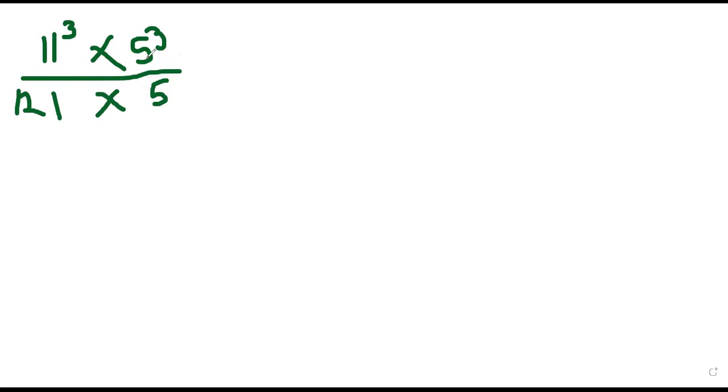The first point is that if the power is not mentioned, the power is always 1. First, we will find the large numbers in the equation. So here, what are the large numbers? 121, right?